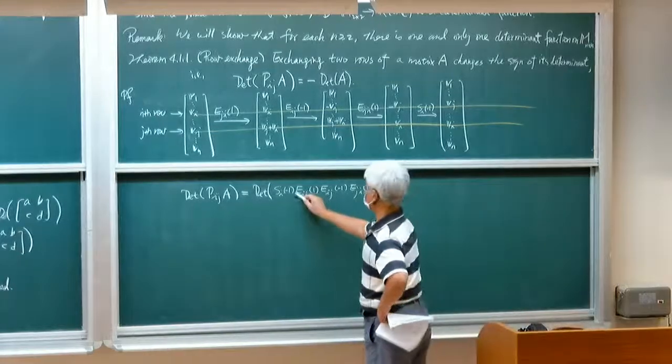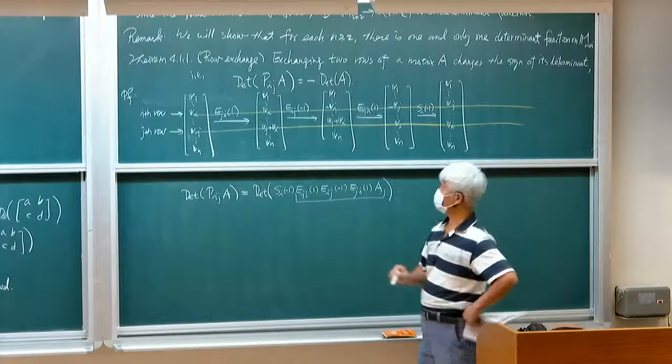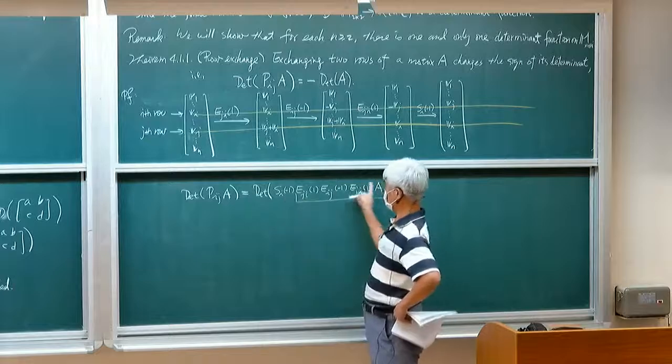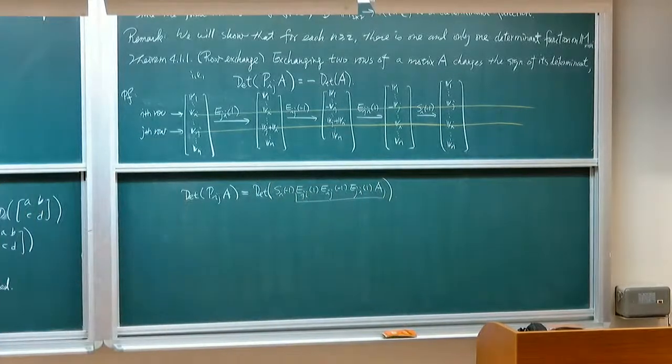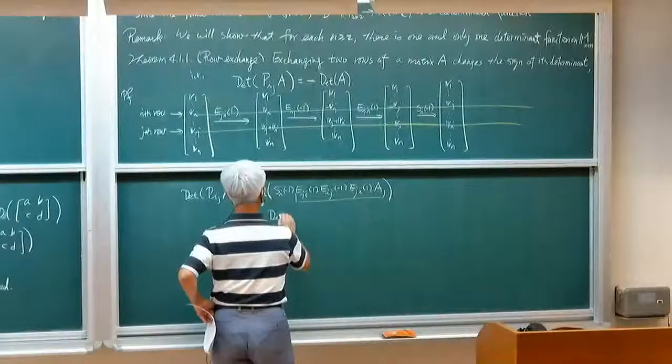And the thing about this is a matrix here. So when you scale the i-th row of the matrix by -1, then by axiom number 3, this is -1 times the determinant.